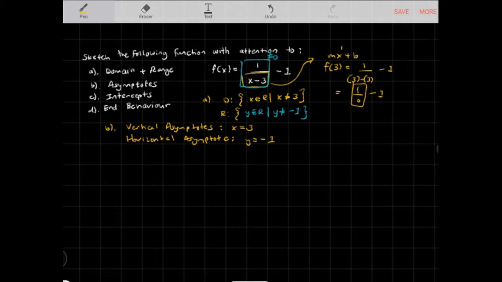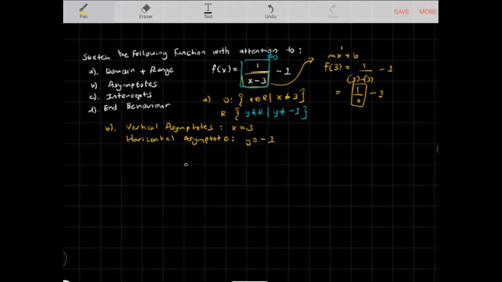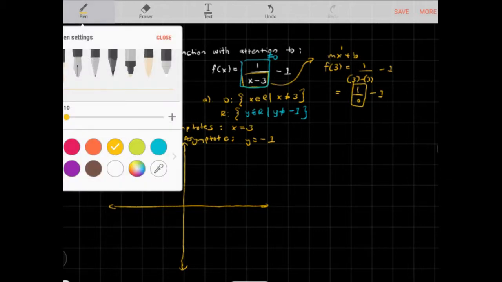And once you have these asymptotes, you can actually graph this on a grid, right? I'm just going to create a sketch here, because I want to sketch this function at the end of the day. Okay, so this is my graph, and I'm going to make the vertical asymptote in red, x is equal to 3.